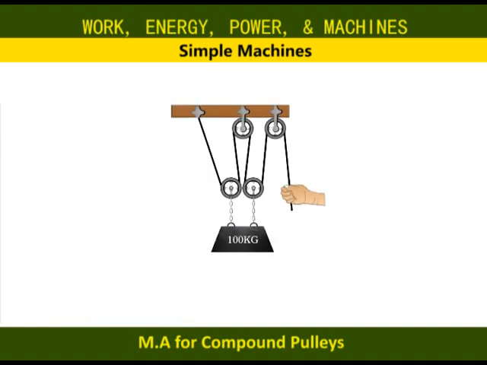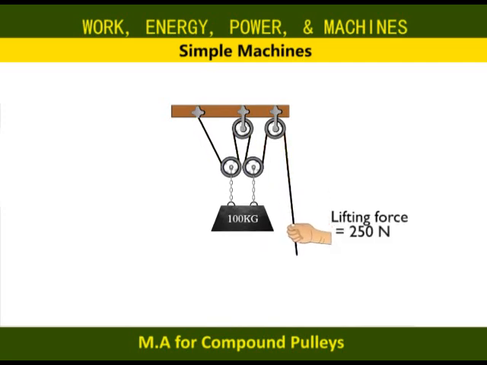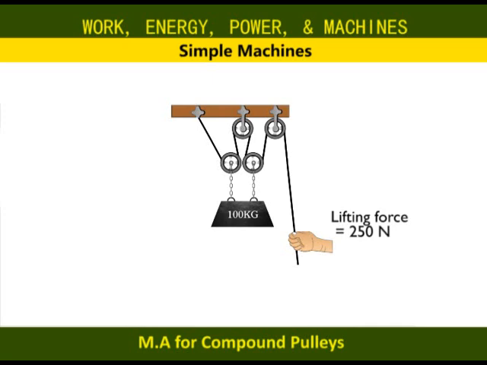How about a pulley system with 4 wheels? Here, we have a compound pulley with 4 wheels. So, 100 kilogram mass is equally supported by 4 pulleys and an even longer rope. This means you can lift it by pulling it with a force of just 250 newtons instead of 1000 newtons.